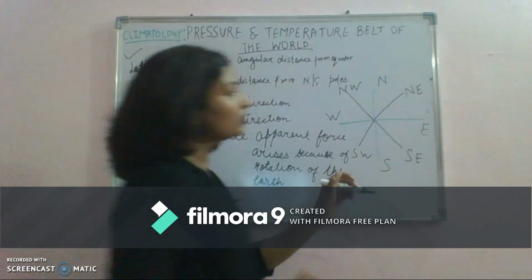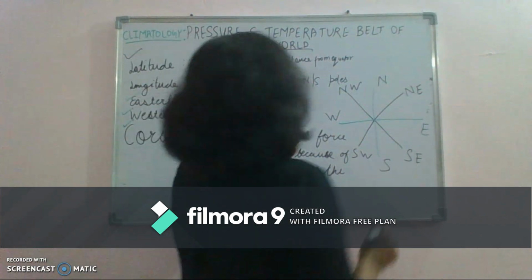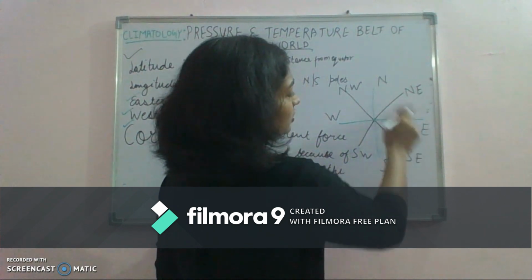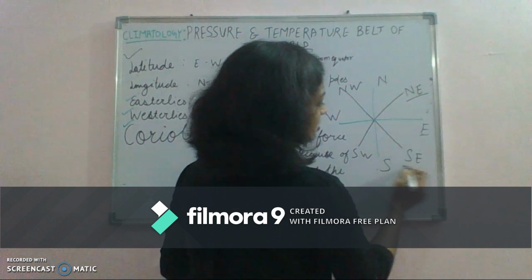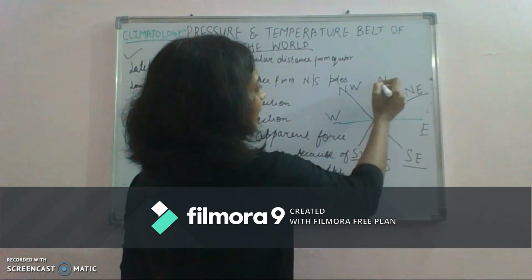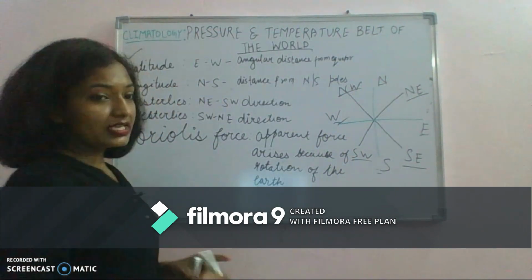How do we derive them? We consider north-south as the main direction. After involving north and east, we derive northeast; south and east, southeast; south and west, southwest; and north and west, northwest.